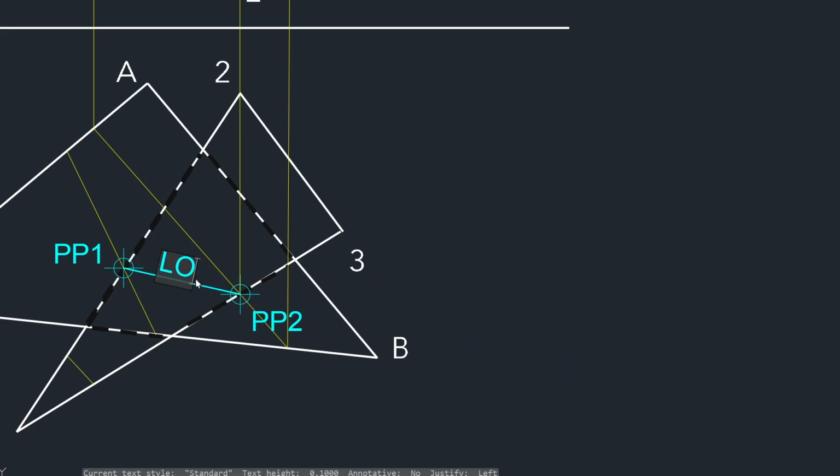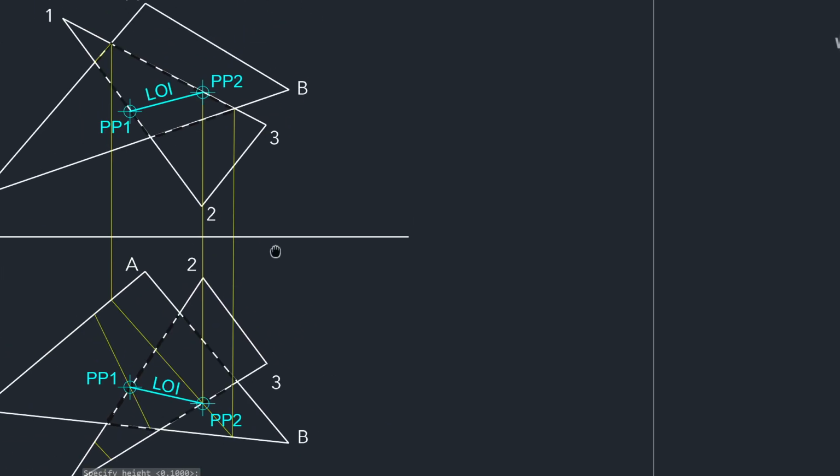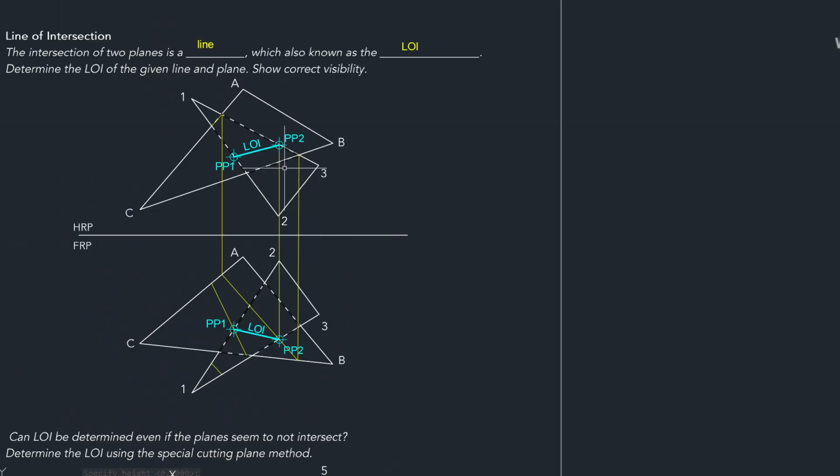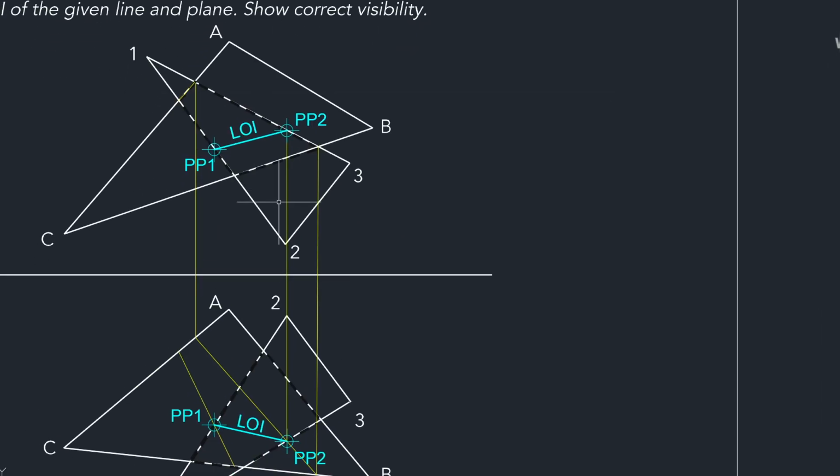Let's say LOI here. Alright. So, we have our LOI. We're not done yet, no? We have shown the LOI, but we haven't shown the correct visibility yet, no? Right? So, we need to check this one by one, no? For each pair of lines, we should check which one is on top and which is below, so we can determine the correct visibility.